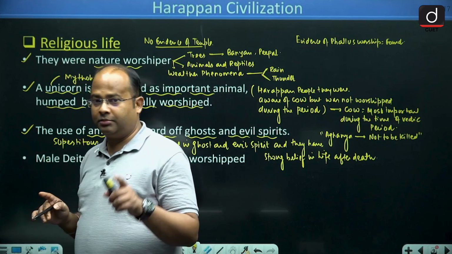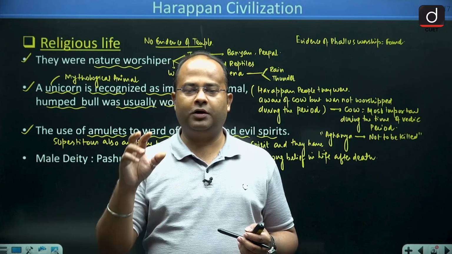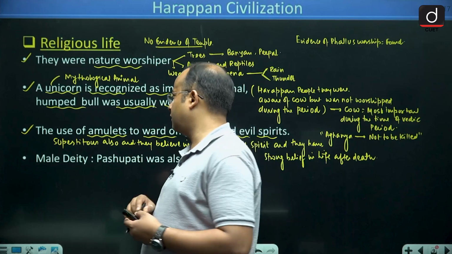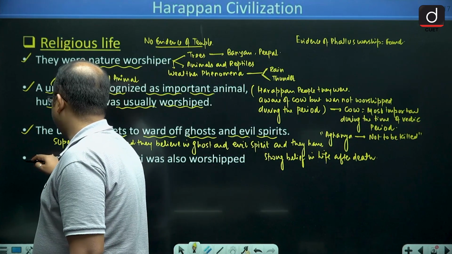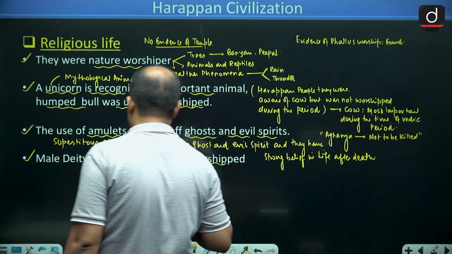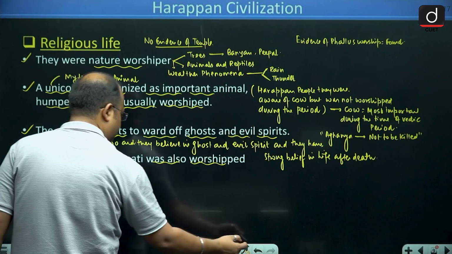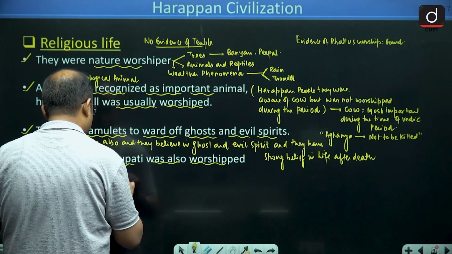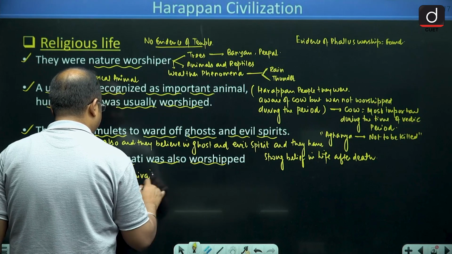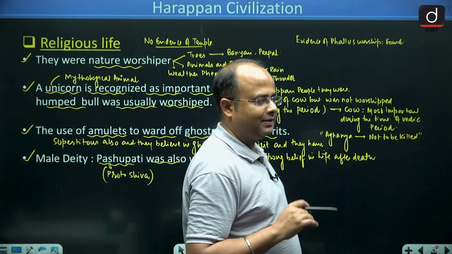And apart from the female goddess, that is the mother goddess, you will find evidence of a male god as well. Pashupati, also known as Proto Shiva, was also worshipped in Indus Valley Civilization.